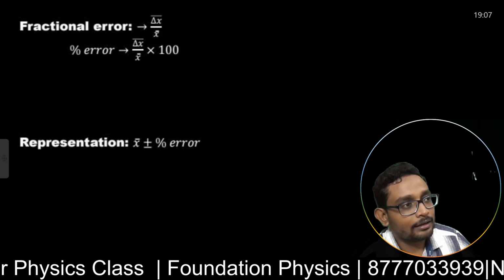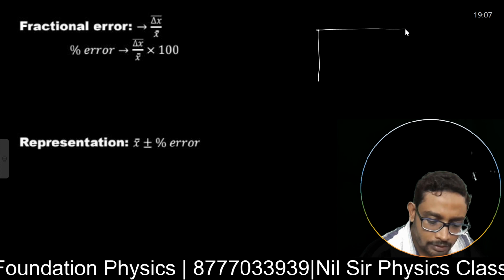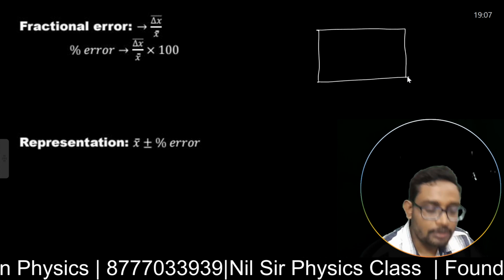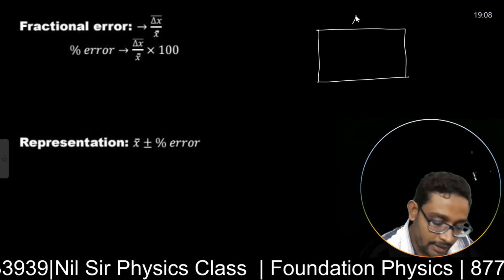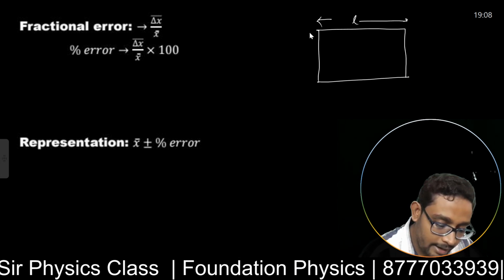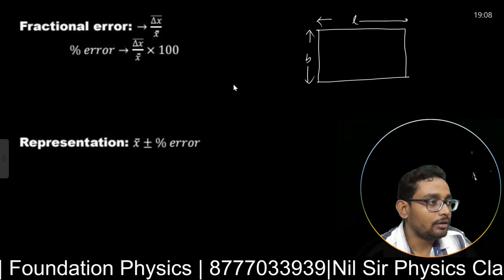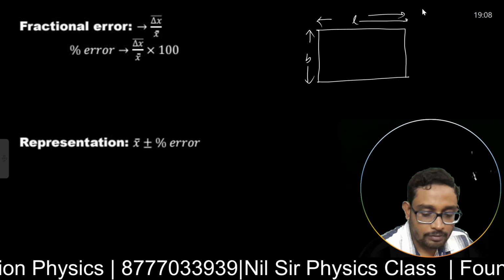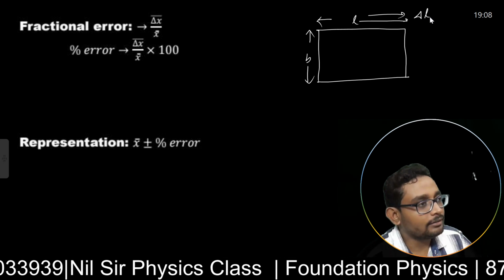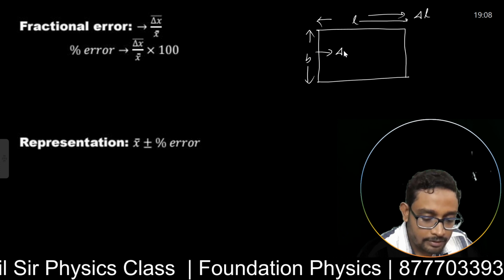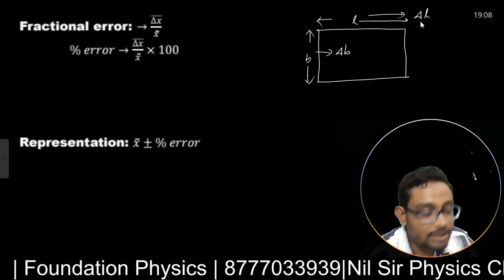For example, this is a rectangle of length L and width B. You made some error calculating L, delta L, and in this case delta B. So what will be the error for this one?